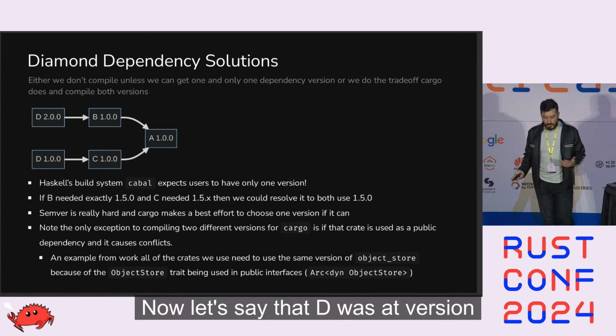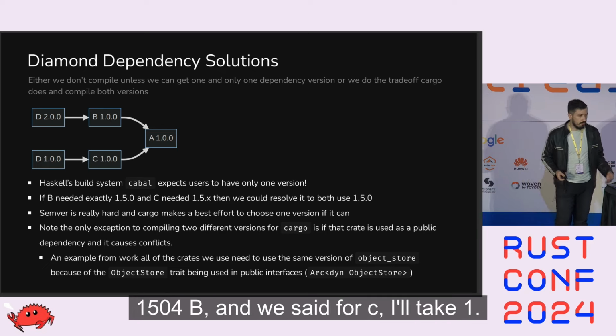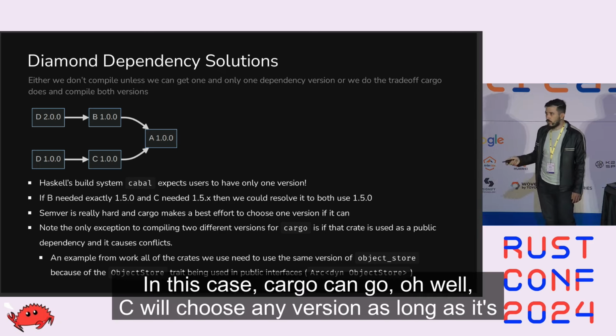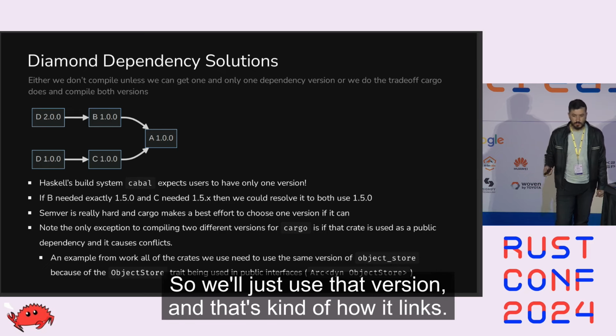Now, let's say that D was at version 1.5.0 for B. And we said for C, I'll take 1.5.x. In this case, Cargo can go, oh, well, C will choose any version as long as it's 1.5 something, and B only expects 1.5.0, so we'll just use that version. And that's kind of how it links.